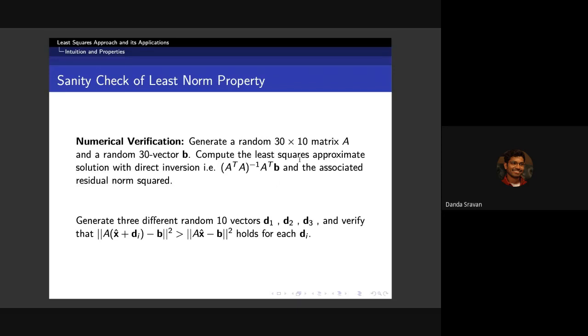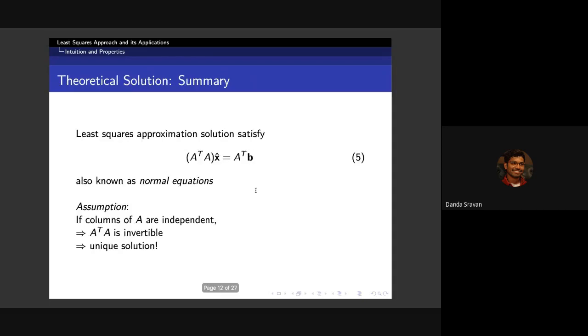First you find this, then you generate a few random vectors, and at each vector you compute the difference of these two quantities and take the norm. It would be strictly greater than the norm we get at x hat. Although this is not a proof, it's always a good idea.